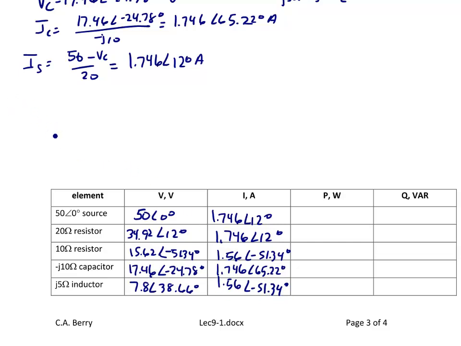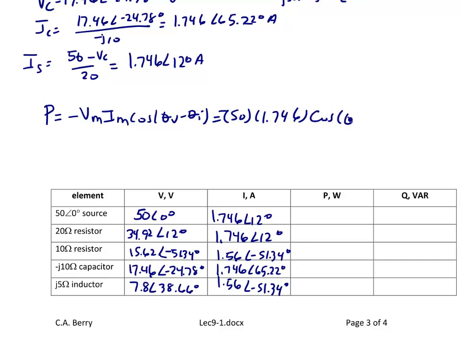So to find the average power for the voltage source, it's P. It's going to get a negative sign because it's delivering power. So it's going to be negative Vm Im cosine of theta V minus theta I, which would be 50 times 1.746 times the cosine of 0 minus 12 degrees, which equals negative 42.696 watts.